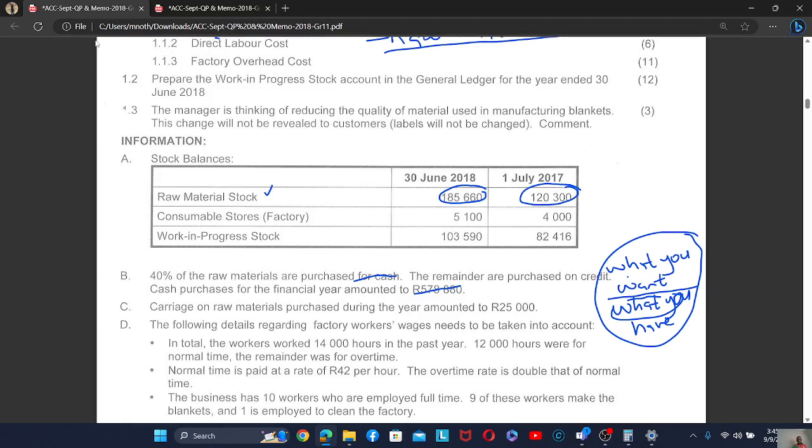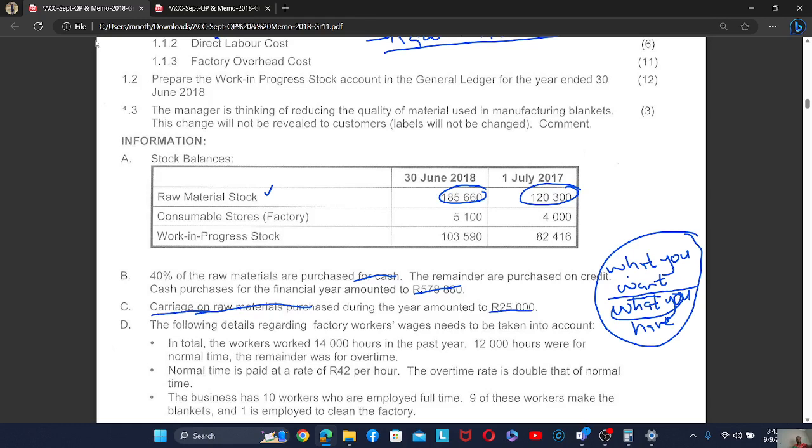Let us see. Carriage on raw material purchased. So this is a transporting cost, the transporting cost of the raw material purchased. They are saying it is 25,000, because carriage is the same as the transporting cost.